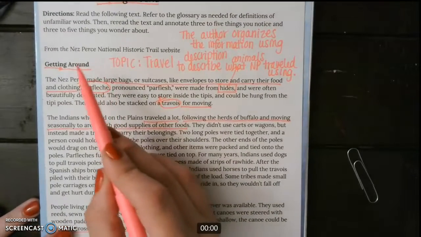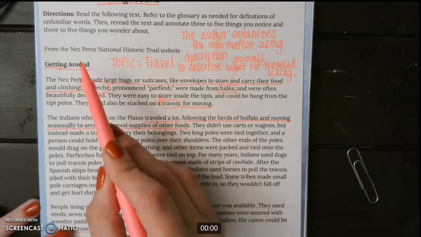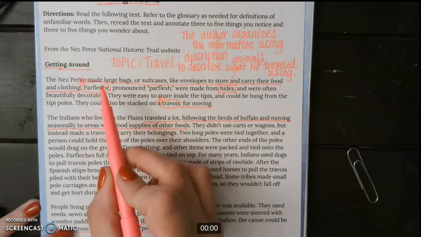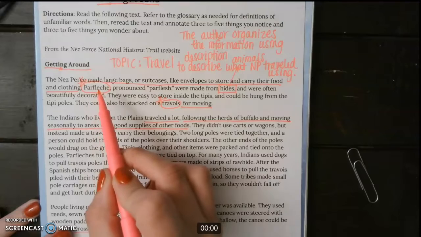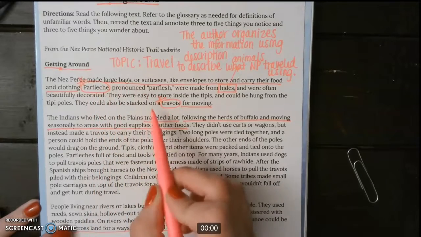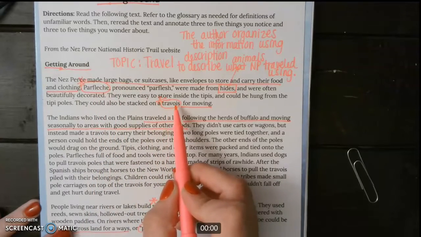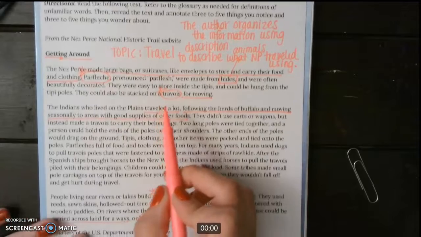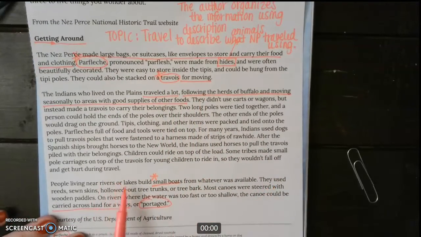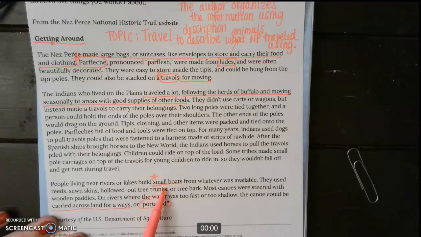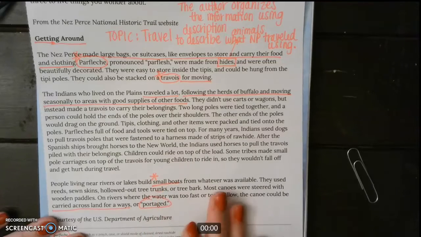So how did the Nez Perce get around? They packed all their belongings in parfleche and stacked those on travois so that they could move from one place to another. If they lived near rivers or lakes, they built small boats.